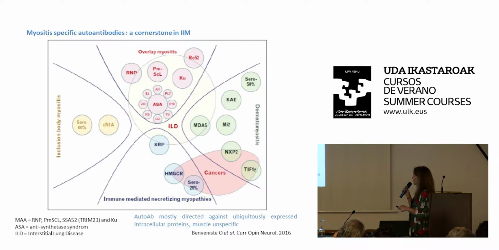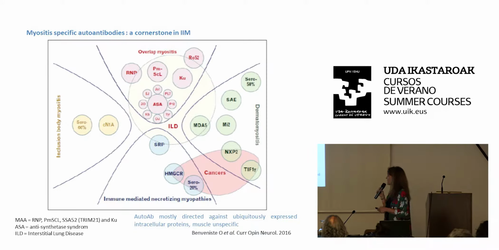And this is the overlap myositis with antisynthetase syndrome, here represented by the antisynthetase antibodies. But you also have the group of immune-mediated necrotizing myopathies with two main autoantibodies. And then the inclusion body myositis with specific antibodies, but also quite a lot of forms with seronegative antibodies, because we don't know maybe the real target of the antibodies.